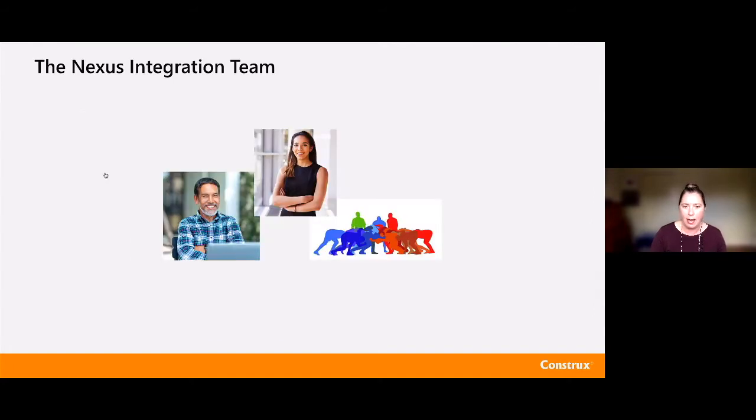One of the things I like about Nexus is you do have this idea of the Nexus integration team. Here we've got our product owner, our Scrum master, and we have 1 or more Nexus integration team members. These people may also be members of individual Scrum teams in the Nexus. But they are accountable and responsible for enabling the overall Nexus to integrate and deliver value.